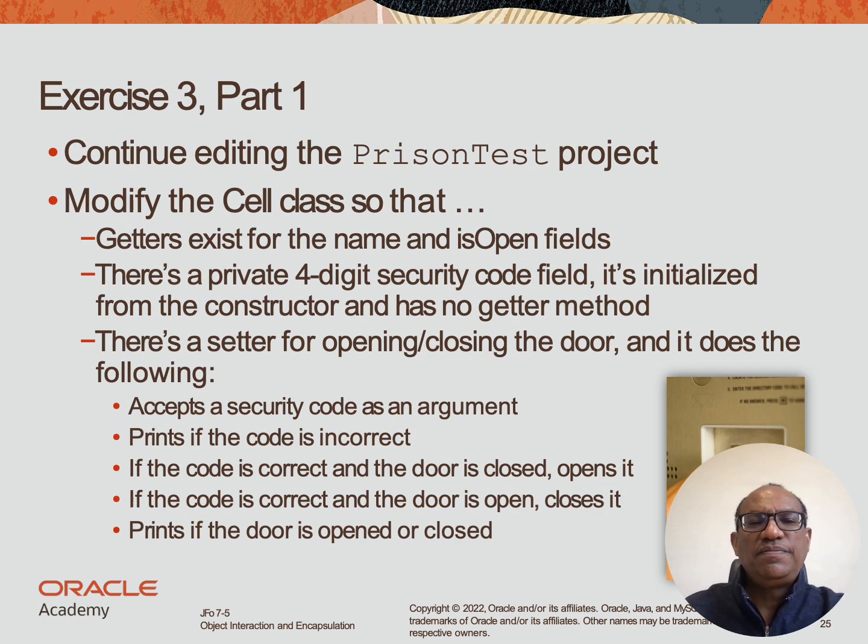Exercise 3, part 1. Update cell so that it has getter methods for name and isOpen. It has a private field for a security code set in the constructor. It has a setter for isOpen that accepts the code, checks if it is correct, and prints an open or close message based on the result.